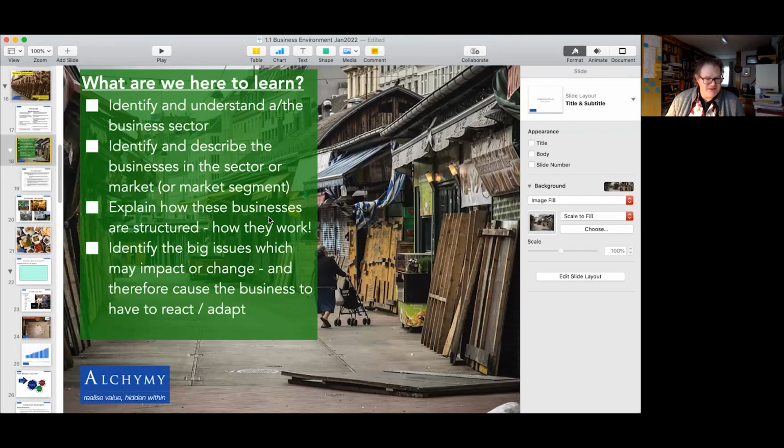We want to be able to explain how these businesses are structured, how they work. Now, I don't mean down to the granular level, but we should be able to talk about what type of organization they are, how they're structured, how they work, who owns them, etc. And we want to identify the big issues that may impact them. So what's going on outside the business that could have an impact on the business. Those are the types of things that we want to think about.